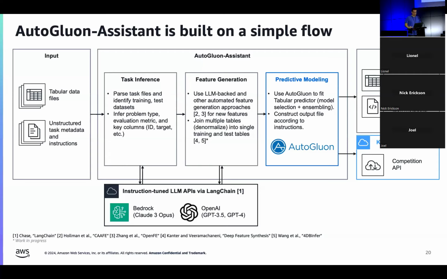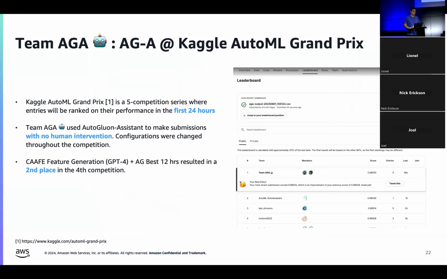Actually, during the AutoML Grand Prix over the past 5 months, AutoGluon Assistant was running in secret in the competition. And it successfully ran on all of the Tabular Playground series competitions. It figured out everything it needed to figure out, and it made a submission.